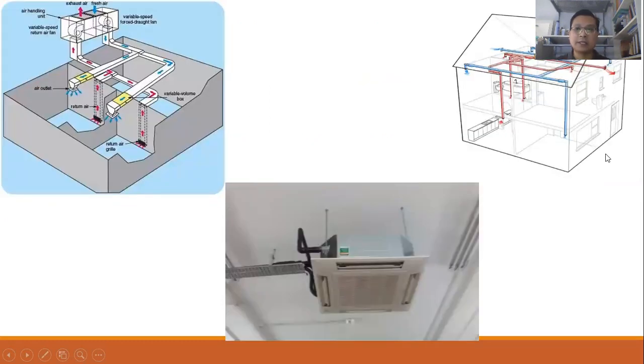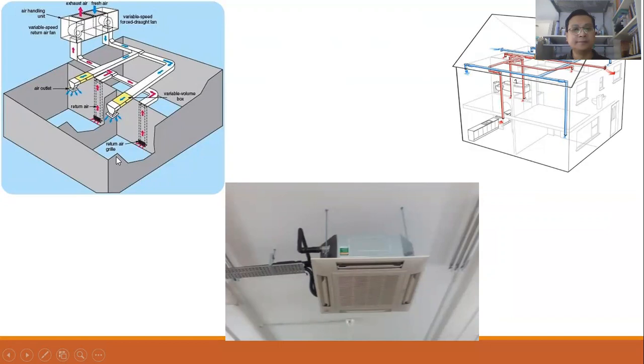In this example, we can implement it in a building or house, maybe a big house. We can condition the temperature of each room under different conditions, and we can vary it.